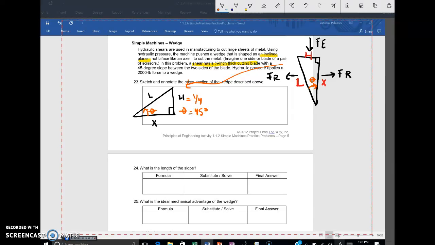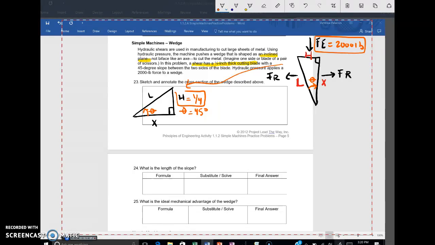And then a hydraulic pressure applies a 2,000-pound force to the wedge. So our FE would be 2,000 pounds, right? And then, so we know our H and we know our FE, okay? So this is what the sketch would essentially look like. So I've labeled what I know, and we need to solve for the unknowns that it's asking us to.